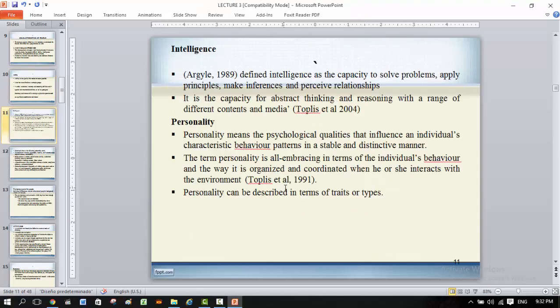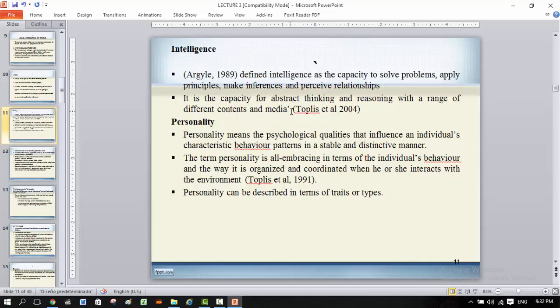Then similarly, another factor which makes individuals different from one another is intelligence, which is the capacity to solve problems and apply principles, make inferences, and perceive relationships. It is the capacity for abstract thinking and reasoning with a range of different contents and media.